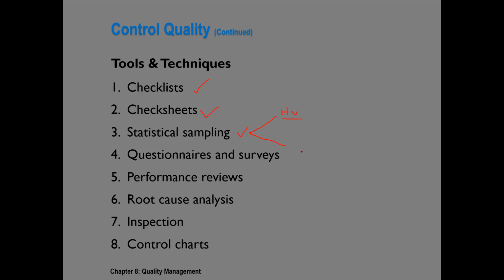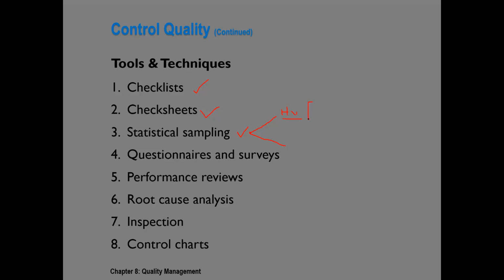What would be the other situation in which we can go for statistical sampling, or we prefer it? Or the opposite of it, like low volume. Yeah, but if it is low volume, we need not do the sampling. We can check all the items because they are low volume.